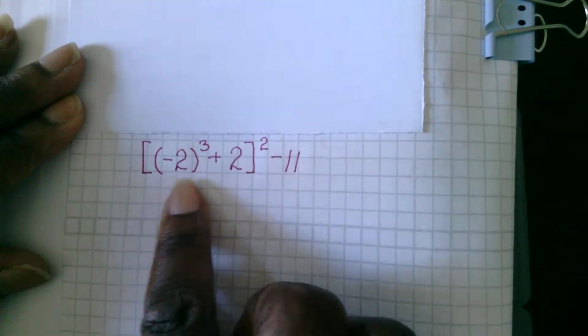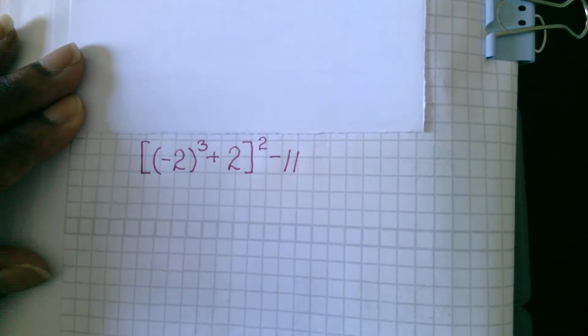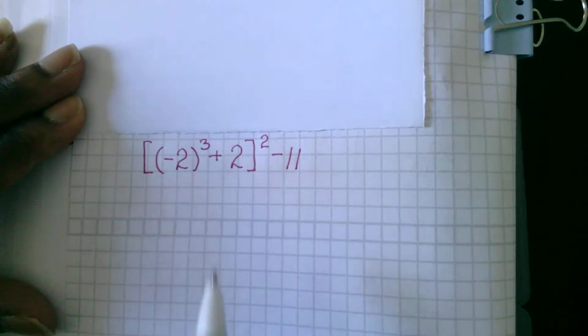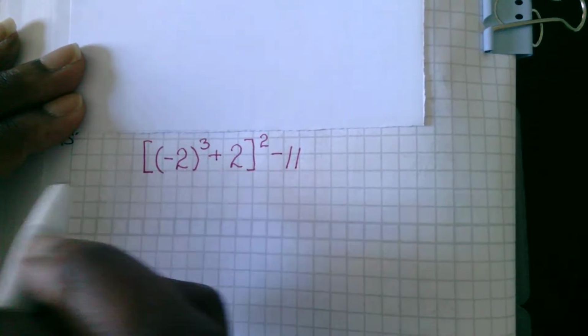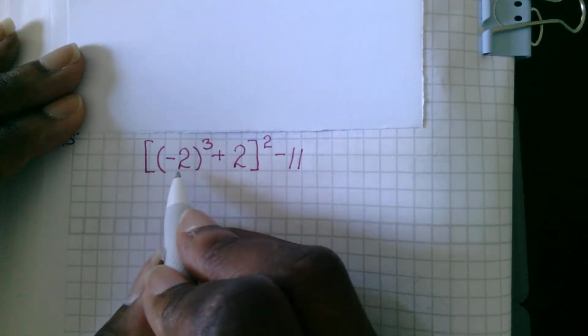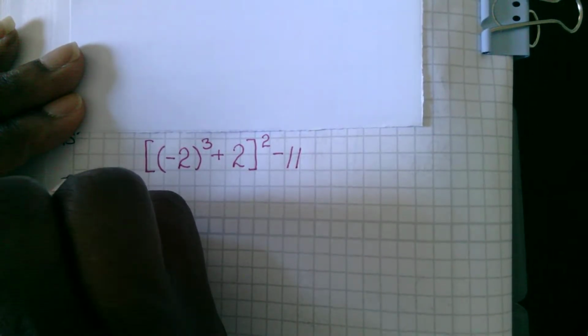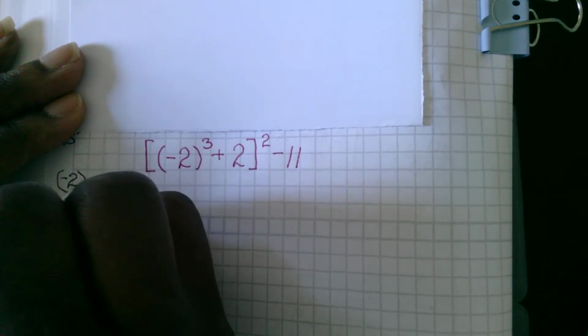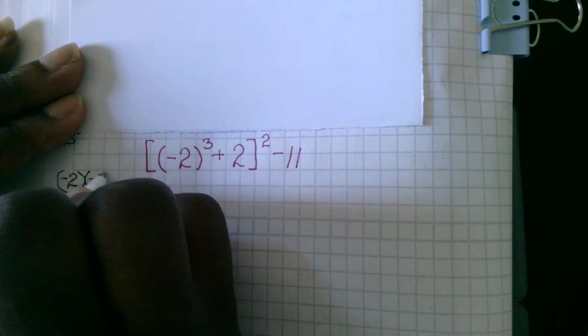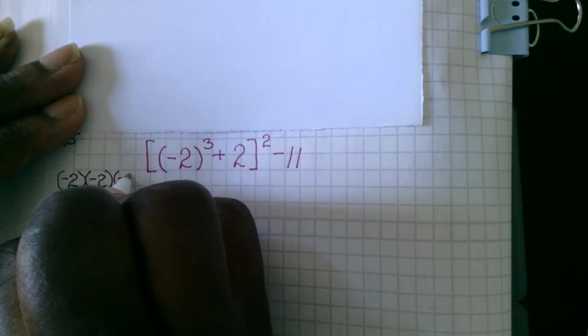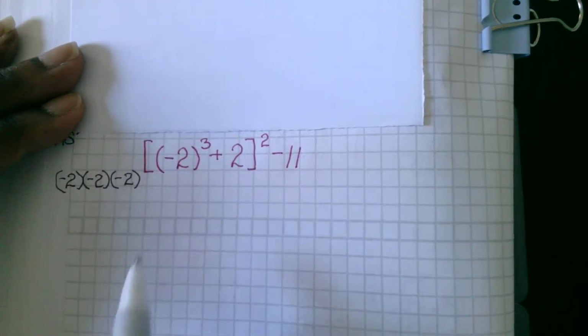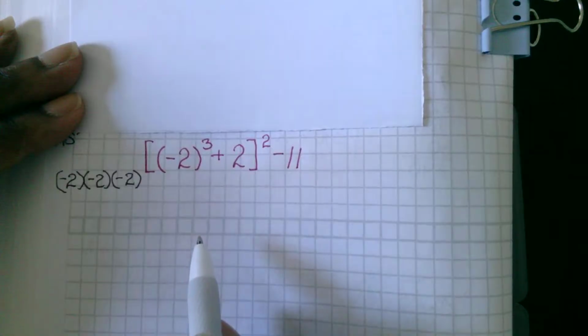Now just focus on this. Here you're going to have -2 to the third power. The exponent is saying, hey base, -2, I want you to multiply yourself, the -2, 3 times. That's what this is saying.